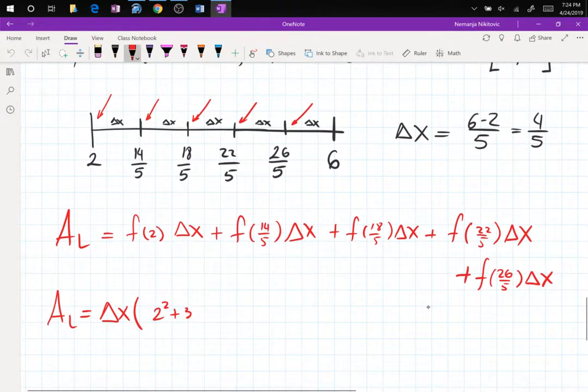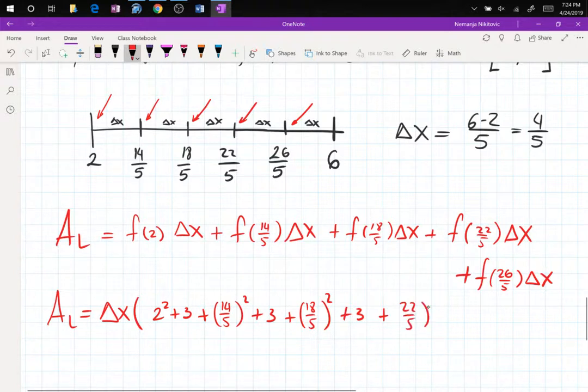2 squared plus 3, plus 14/5 squared plus 3, plus 18/5 squared plus 3, plus 22/5 squared plus 3, and 26/5 squared plus 3.